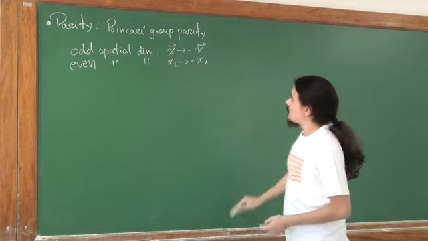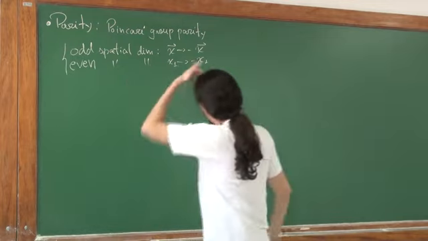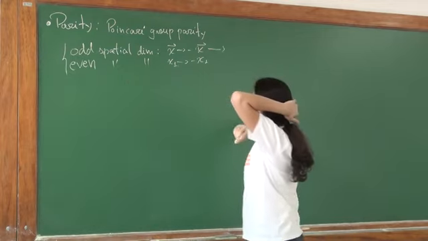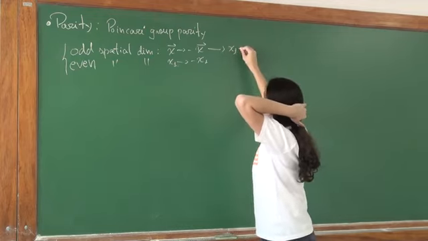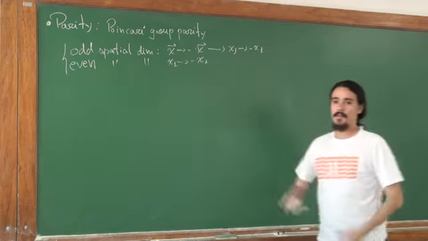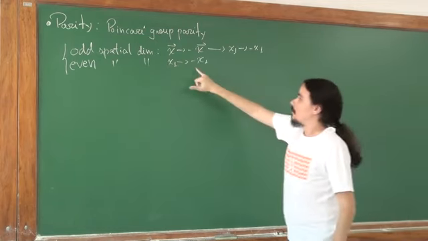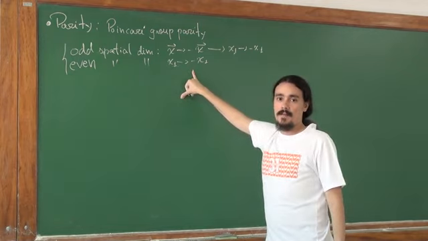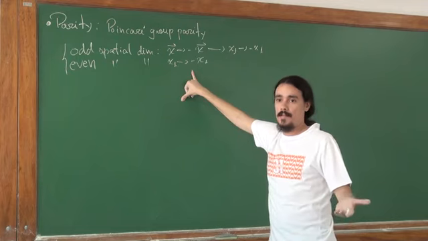But just to make this more uniform, just modify this, and it works the same way. Parity must have determinant minus 1. It is not connected to the identity.